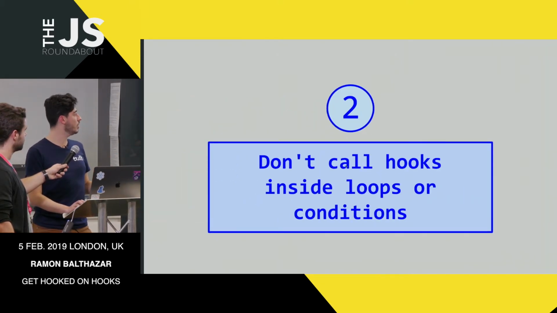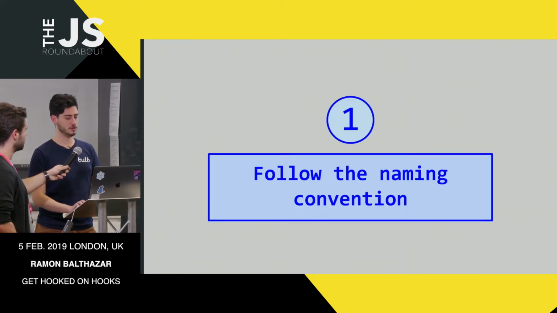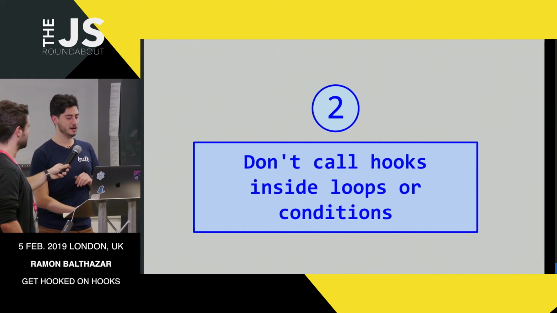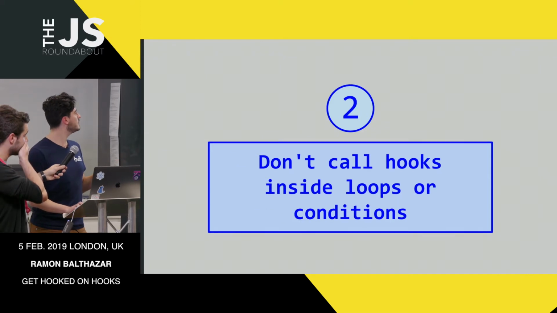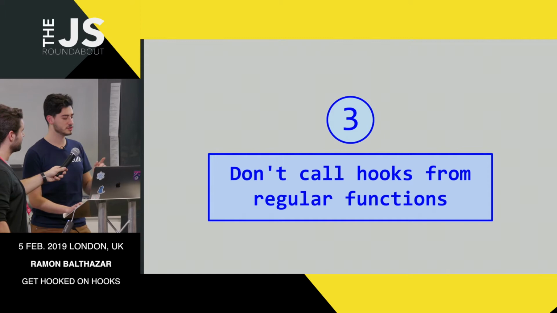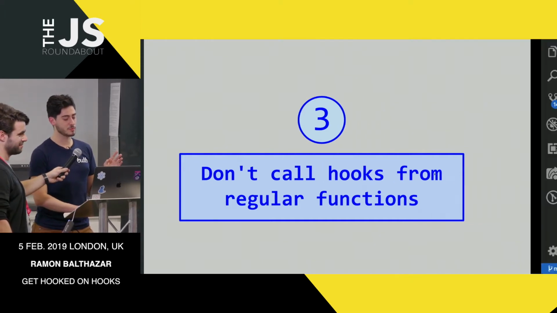Second rule, don't call hooks inside loops or conditions. Oh my god, okay, that's right, I messed up the slides here. This is supposed to be later, and the 3 is supposed to be 2. Let's do it like that. So rule 2, don't call hooks from regular functions.